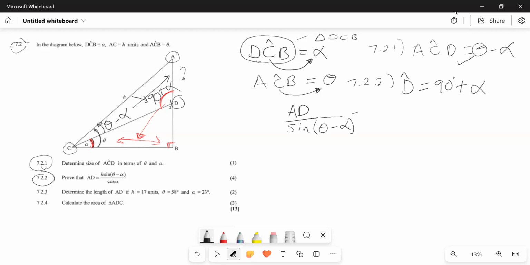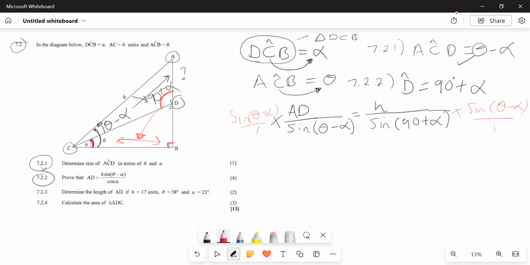Equals H divided by sine 90 plus alpha. From here, we cross multiply by sine theta minus alpha divided by 1.